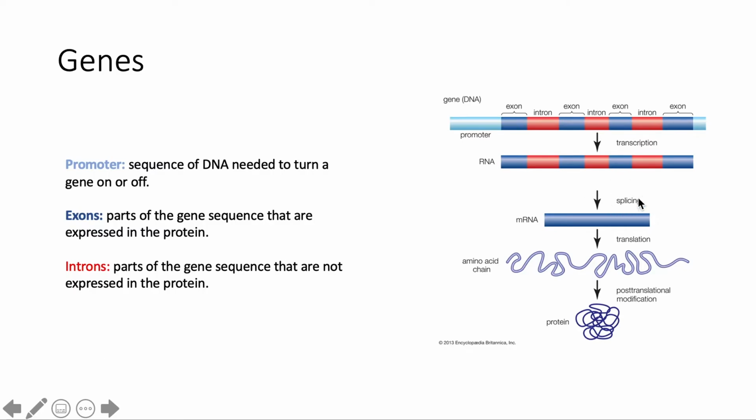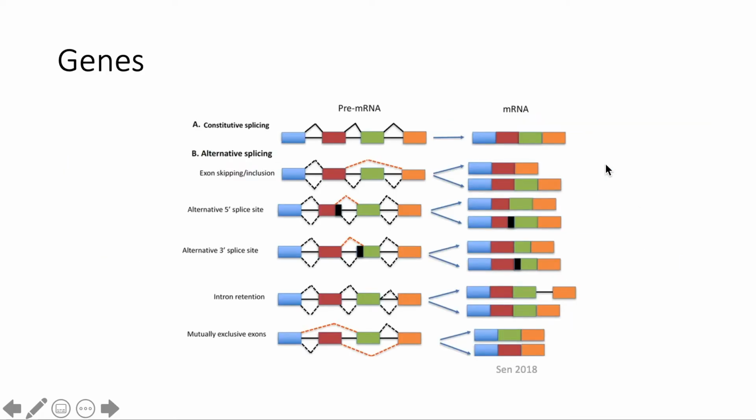So this splicing part is really important because this is the process that removes all the introns that are in the DNA. And there are different splicings in the gene. So this is the most common way to have an mRNA from the immature mRNA.